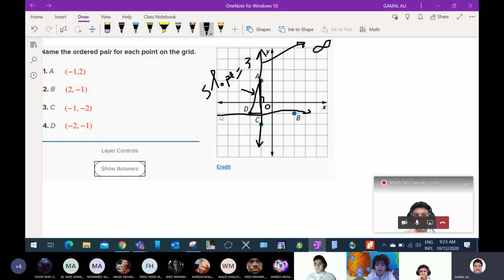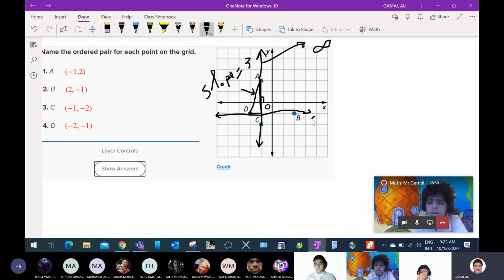But mister, I think y2 minus y1 over x2 minus x1 is easier. But if you have the graph, you have two ways. If you want to use this way, okay. If you want to use that way, okay. But if you don't have the graph, or the numbers are fractions or anything else, you can use the formula.